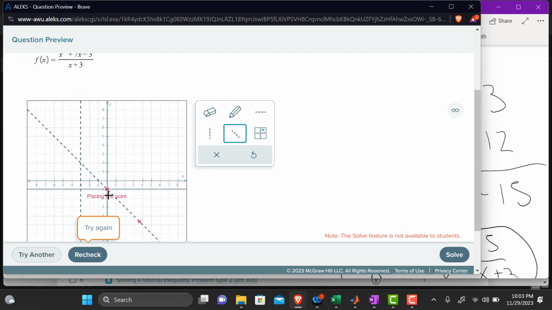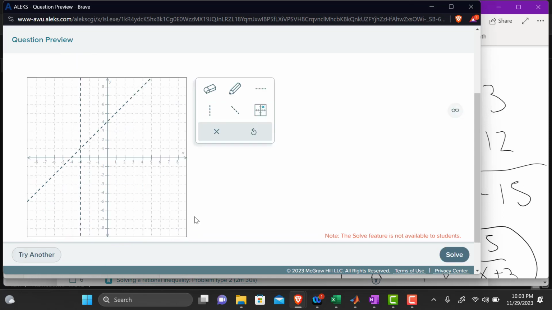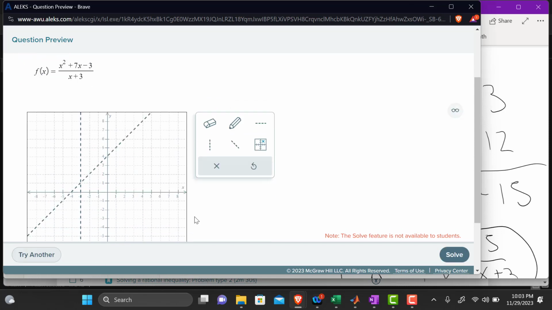At 0, because it's x plus 4, we have 0, 4, and then we can just go up 1 over 1. Let's try this again. There we go. So this problem will probably get thrown out. I don't remember going over slant asymptotes, so I don't want to make you learn something at the last second here, but in case you are curious about the slant asymptote, I do have that in the video there.